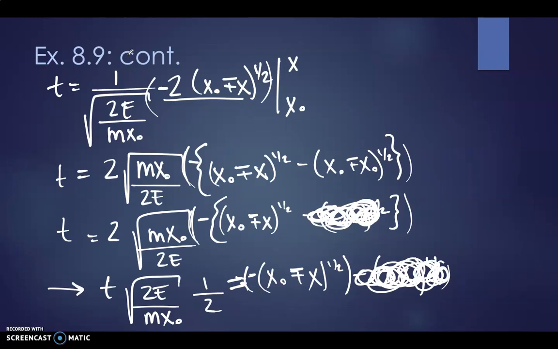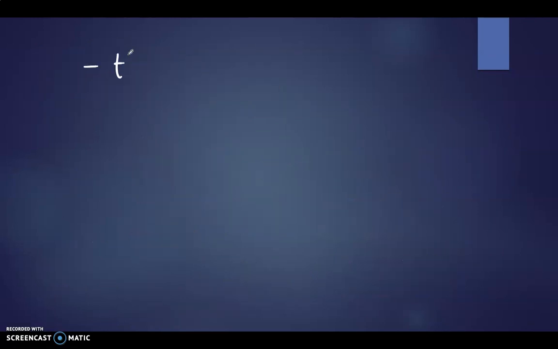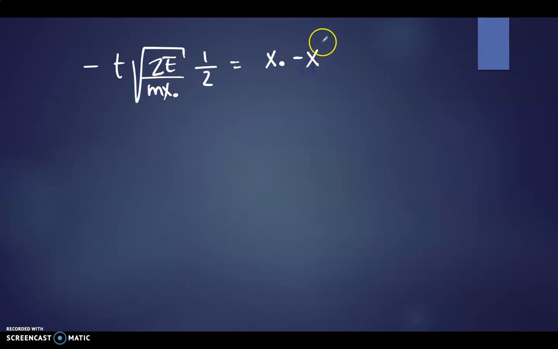So now we have, I'm going to say minus t, yeah, times 2e over m x naught, and that was in a square root, times 1/2 equals x naught minus x, and that was square rooted.